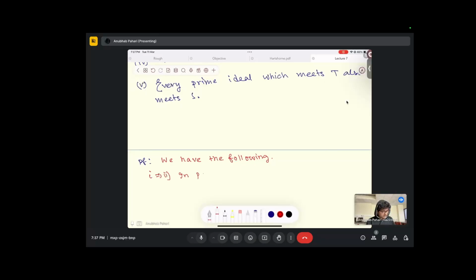In particular, phi is surjective, and this implies that t by 1.